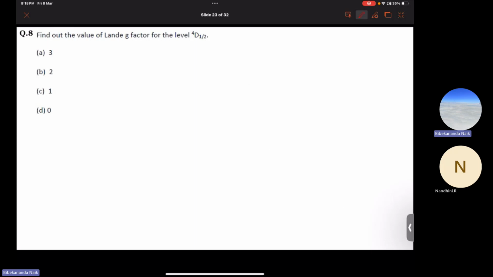We have discussed in the previous sections how to find the values of Landé g factor. We can use the formula and calculate the Landé g factor for a particular level, because this level has values of L, S, and J. I request you to try this question, and after some time we will discuss.